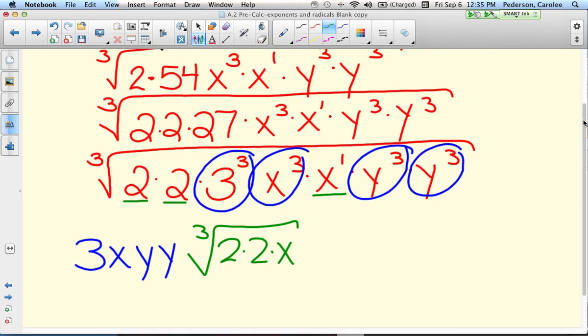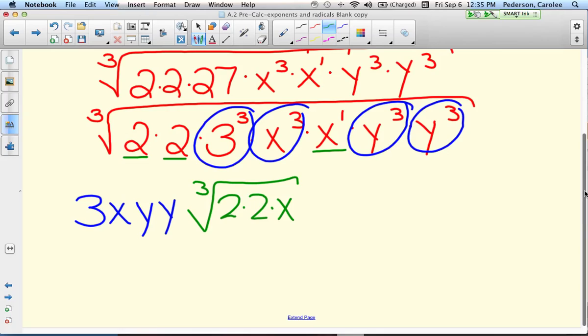When you get better at these, you can do some faster movement. I'm just teaching this for the first time. Now, last step is to multiply back together everything that needs to be so that y and y becomes y squared. And the 2 and the 2 become 4.